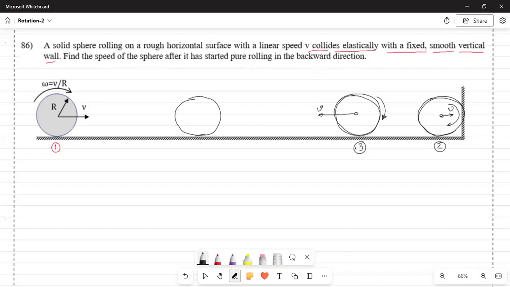But let us consider the third position first. We write about the third position, situation 3.